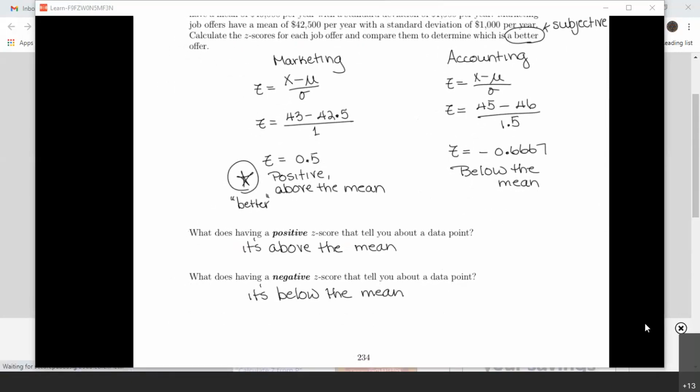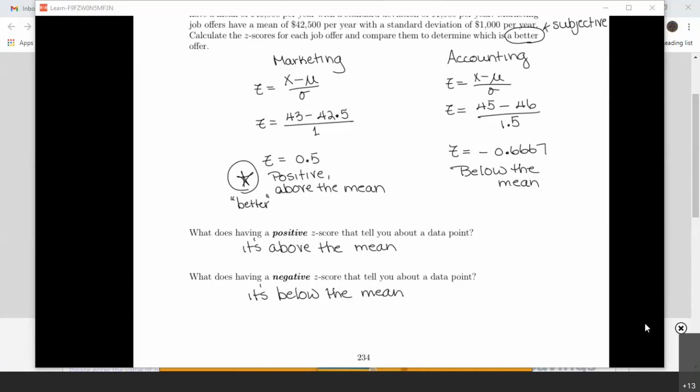Naturally, when we're talking about salaries, higher is better. But if we're talking about infection rates, then lower is better. So don't conflate higher or above the mean with good necessarily. It depends on what the distribution is about. All right, so pretty much that's where we are.